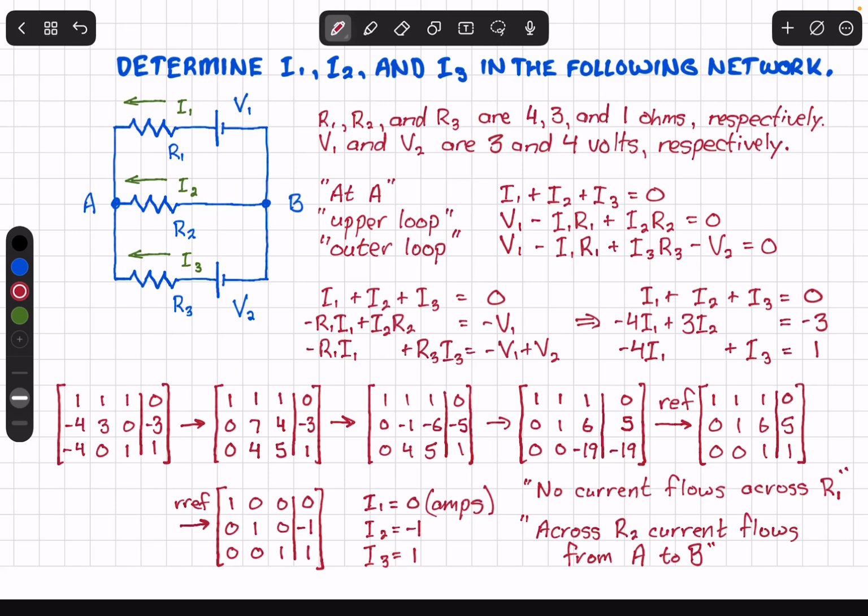So that gives a third equation with three unknowns, I1, I2, and I3. We fill in the values of R1, R2, R3, V1, and V2, and we have this system right here.